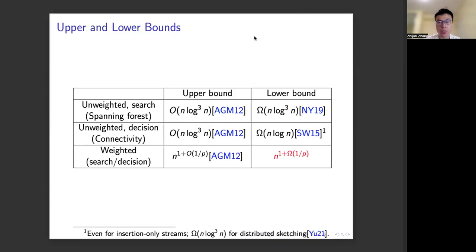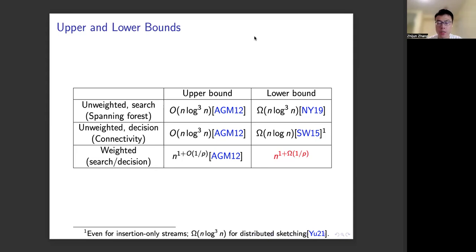And since this is one of the fundamental graph problems, it received quite some attention in the community. So for unweighted graphs, in which the search version becomes finding an arbitrary spanning forest, there's an n times log cubed n upper bound, even in the seminal work of Ahn, Guha, and McGregor in 2012.